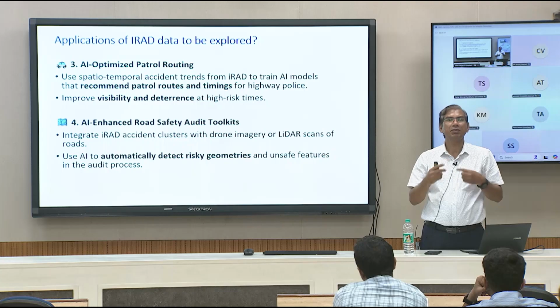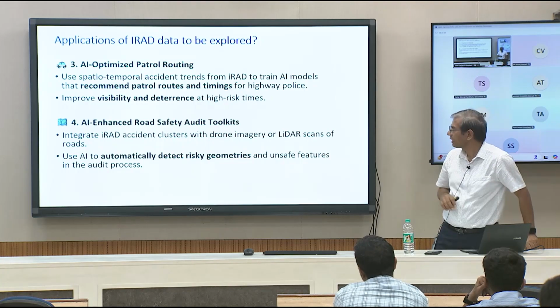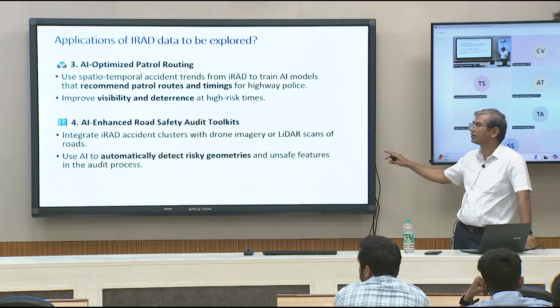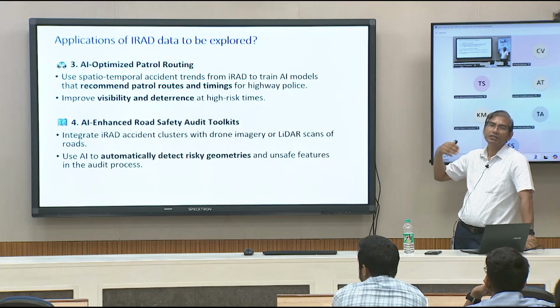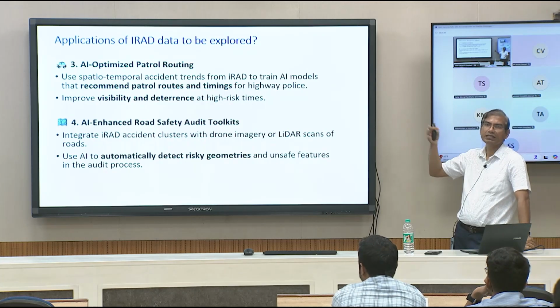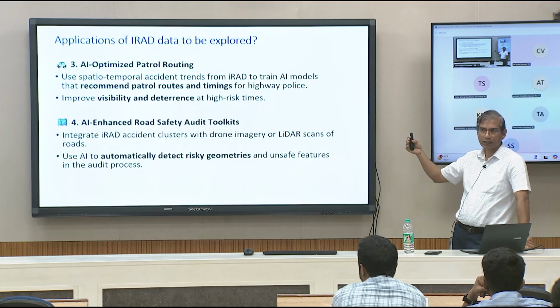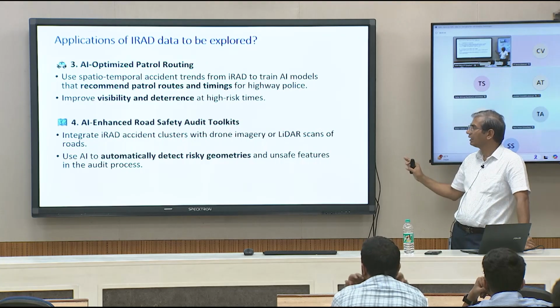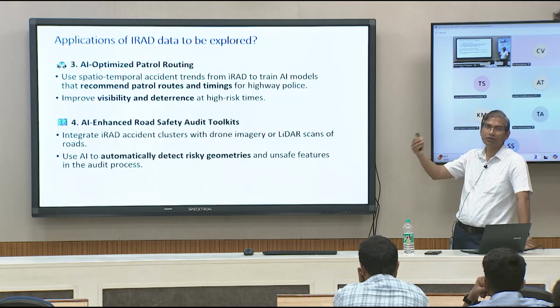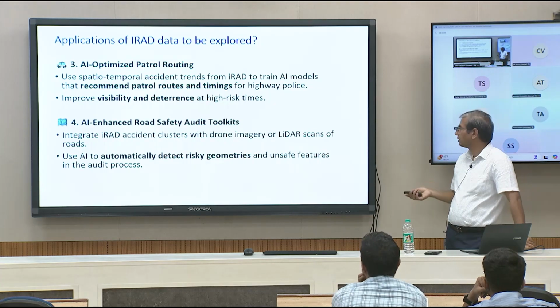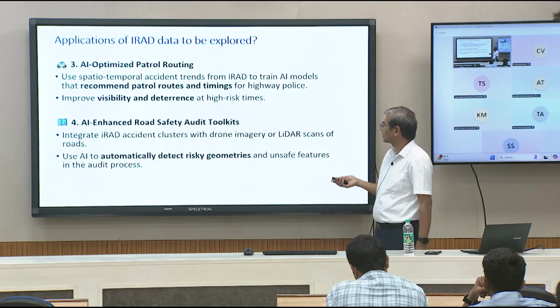So, you can generate some kind of safety report. That may not be exactly a road safety audit, but at least it will give you a preliminary idea that this location lags on this XYZ parameter and might be a potential location where an accident might happen. That will quickly help the road safety auditor to visit that location more precisely.